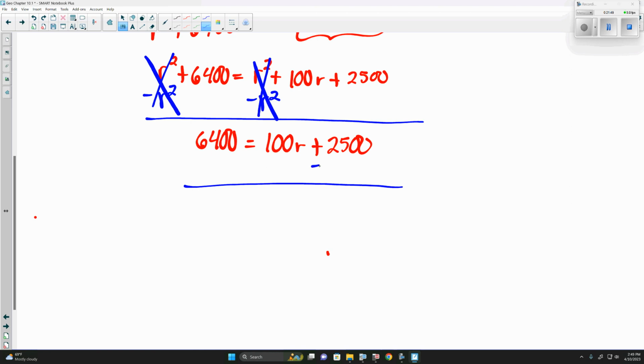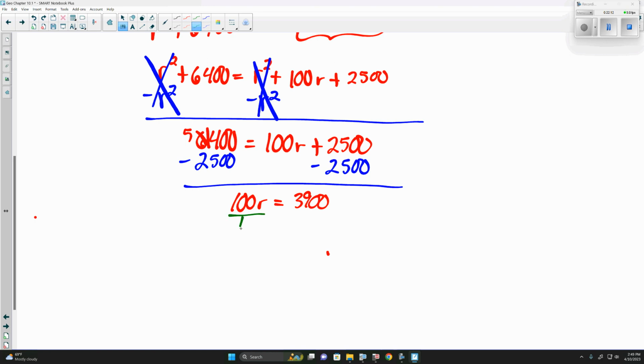Now we can subtract 2,500 from both sides, which will tell me that 100r is 3,900.